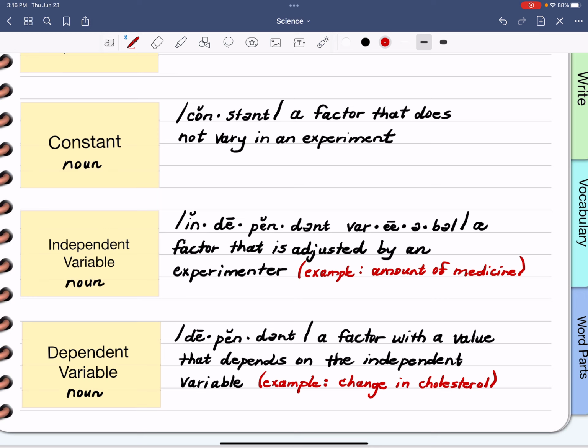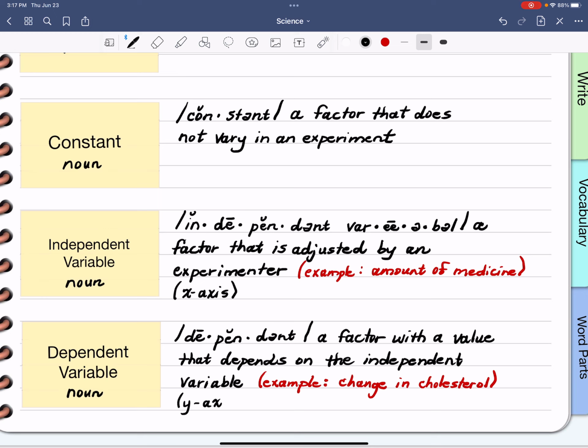Okay, and we're going to talk about the X and Y axes a little bit later, but let's go ahead and put that in there because this is important. The independent variable is going to be on the X axis. And again, I'm going to show you exactly what that means. The dependent variable is always going to be on the y-axis.